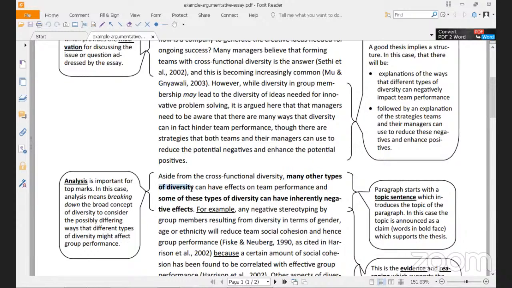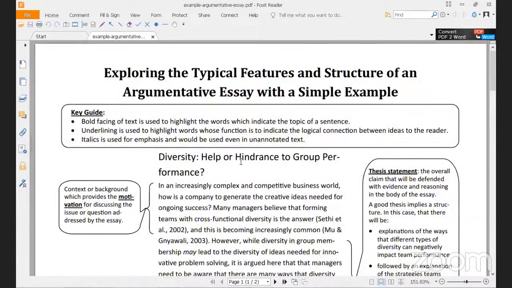And this is used mainly to show the importance and to direct the information into the thesis statement. Underline is used to highlight words whose function is to indicate the logical connection between ideas to the reader. Italics is used for emphasis and would be used even in an annotated text.